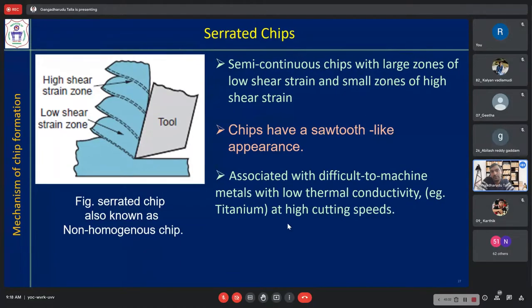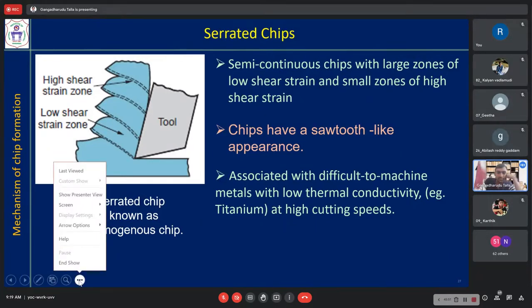So at some portions you will have shearing, because there is high heat, so plastic deformation is there. But some portion of the workpiece which is ahead is brittle. So this combination will form these kind of chips, serrated chips. These are not regular kind of chips. These are formed for materials like titanium alloy, nickel-based alloy, or some kind of very hard, high-strength steels like that.